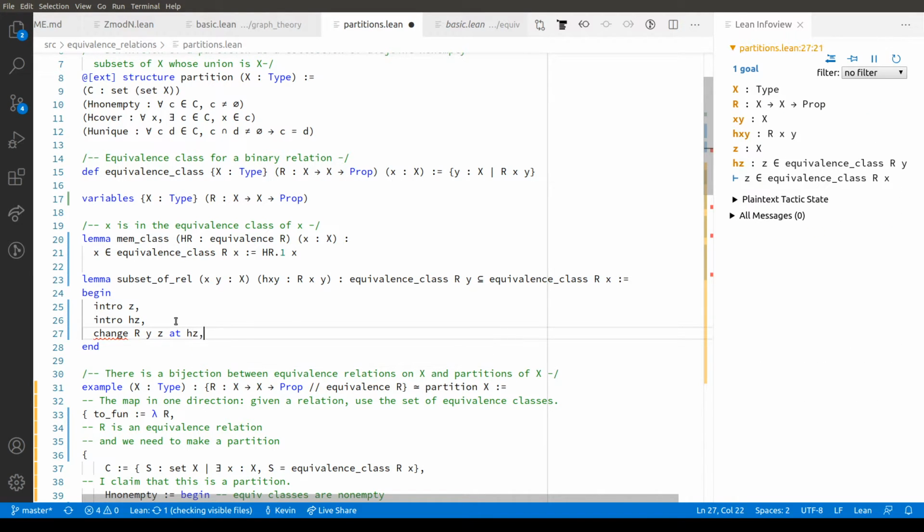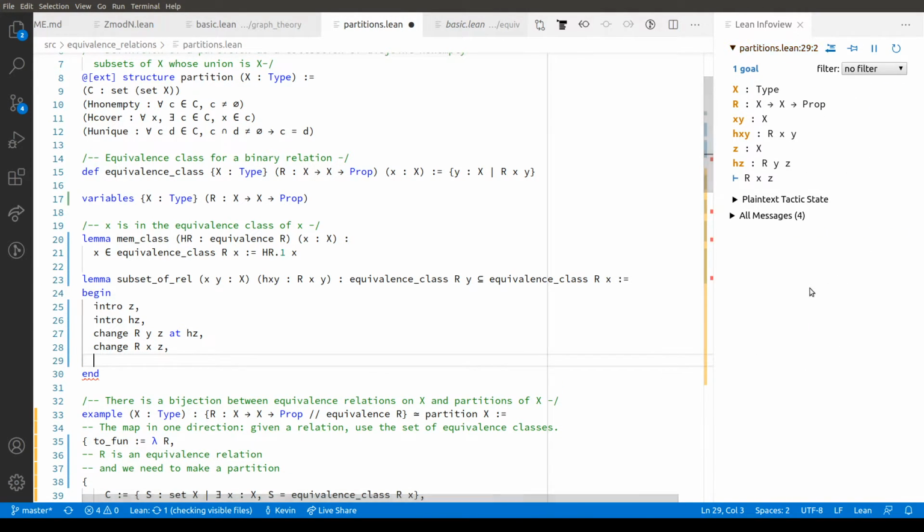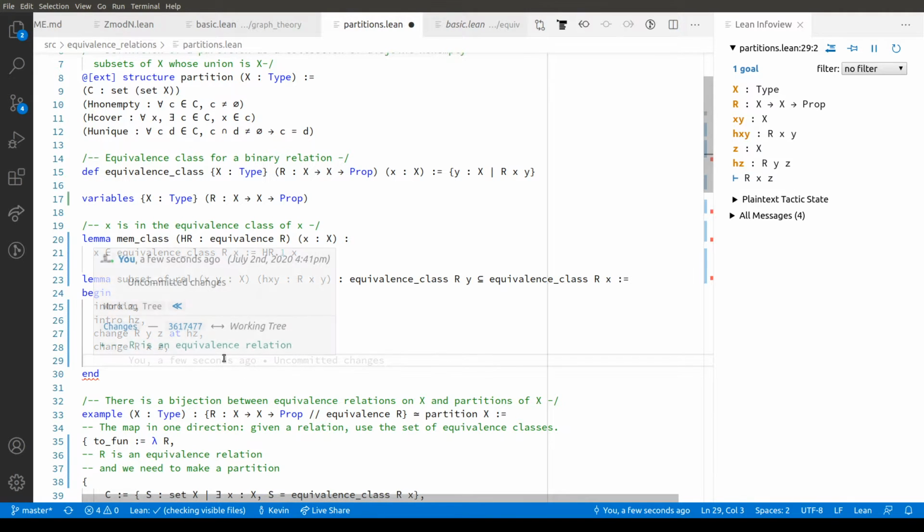There. That's what that actually says. You see, I've just changed it. hz says that y is related to z. And the goal is just that x is related to z. So change to Rxz, right? That's really what we're trying to prove. So we know Rxy, we know Ryz, and so we want to deduce Rxz. So that's by transitivity, right?